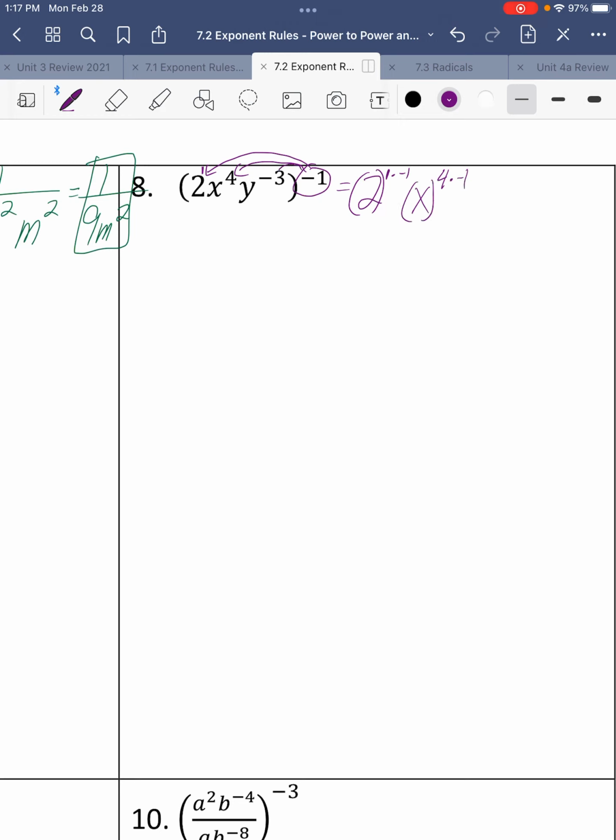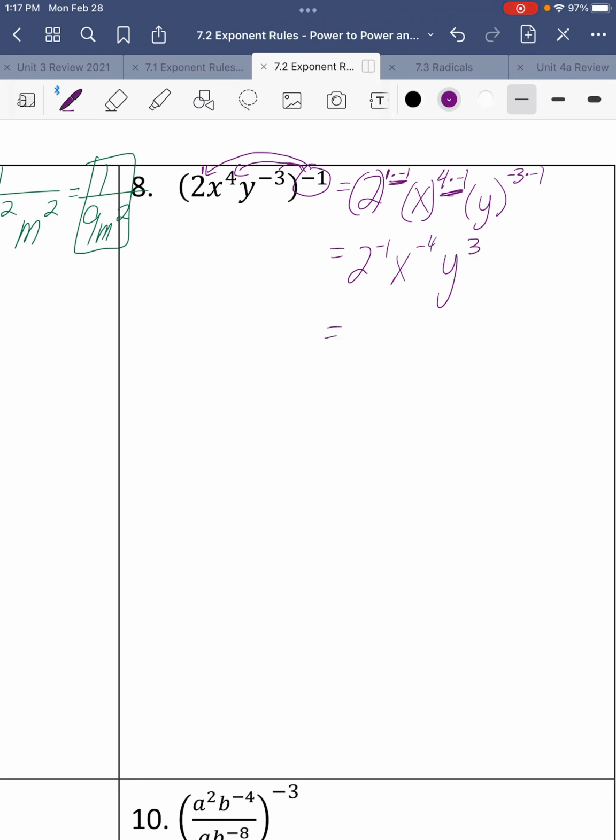And then it's y to the negative 3 times negative 1. So 2 to the negative 1. 1 times negative 1 is negative 1. X to the negative 4. 4 times negative 1 is negative 4. And that's y to the negative 3 times negative 1 is positive 3.